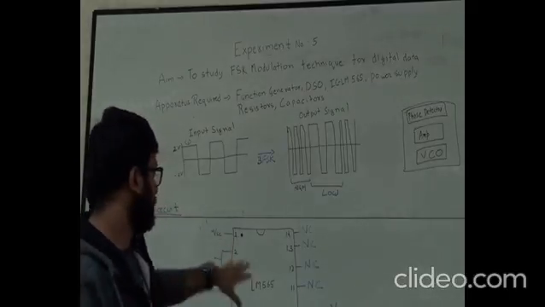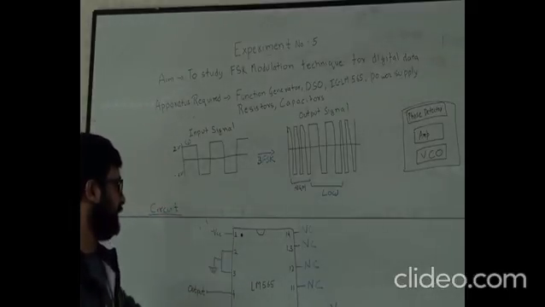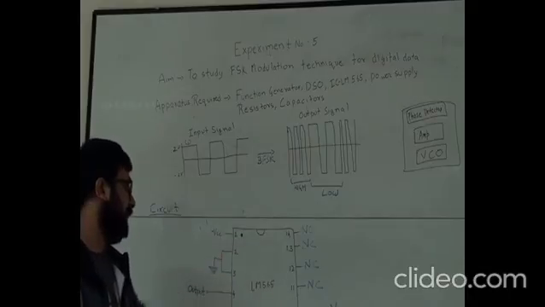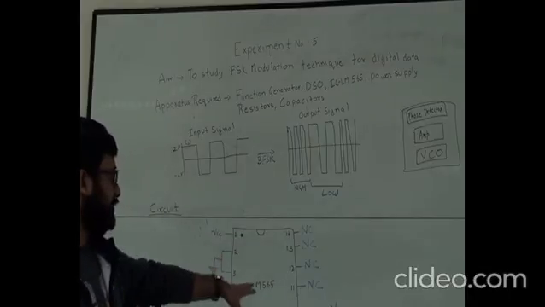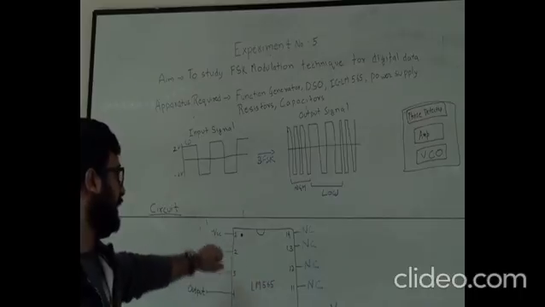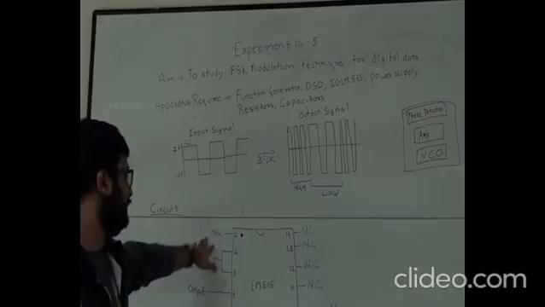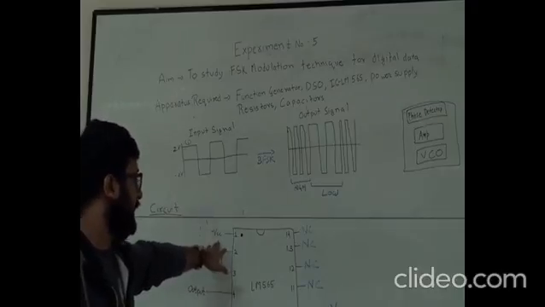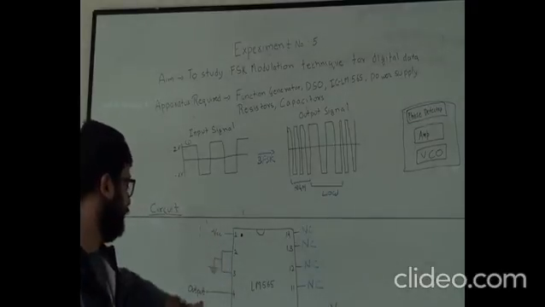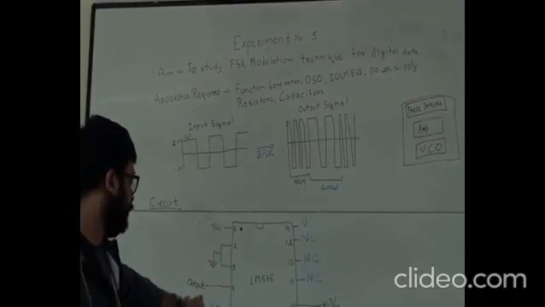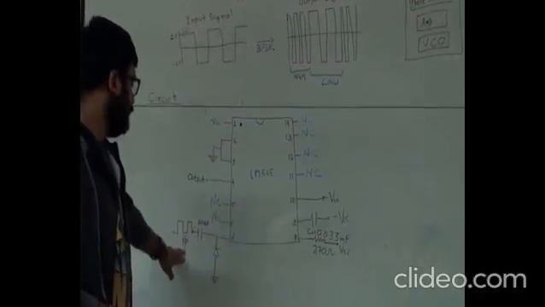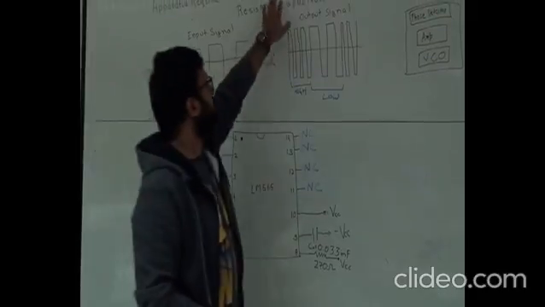Okay, now coming to the circuit part. This is the circuit that we built on LM565. The LM565 has 14 pins, 7 on each side. On the first pin we give -VCC, on the fourth pin we take the output, and on the seventh pin we give the input that is produced by our function generator.